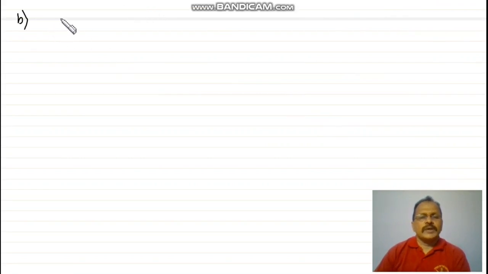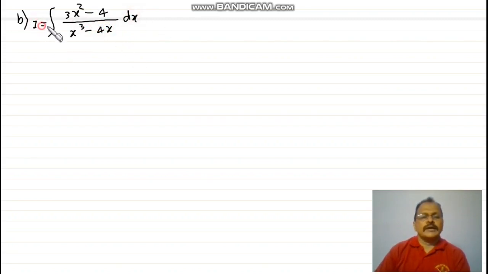The second problem I am taking is integration 3x square minus 4 upon x cube minus 4x dx. I am going to solve this problem directly, because I can see the derivative of x cube is 3x square and derivative of 4x is 4.